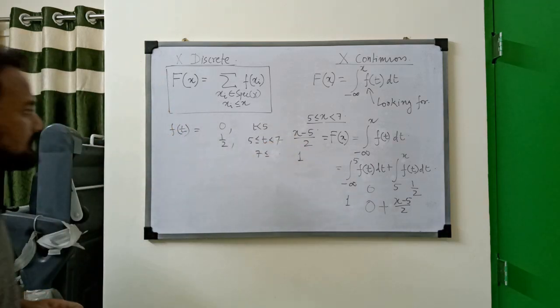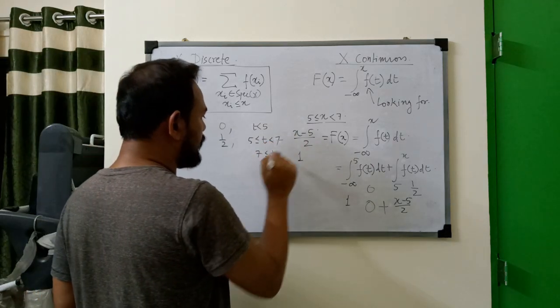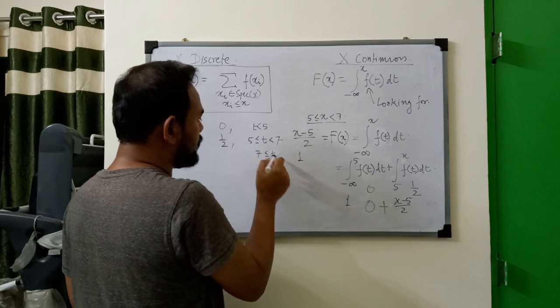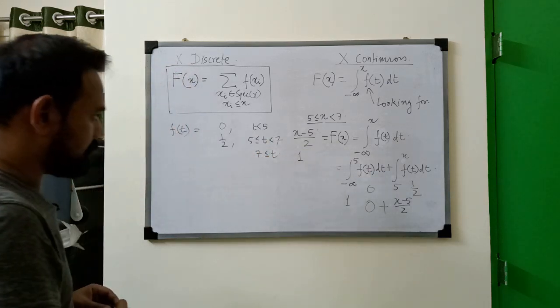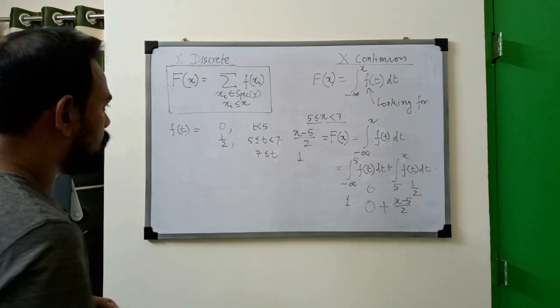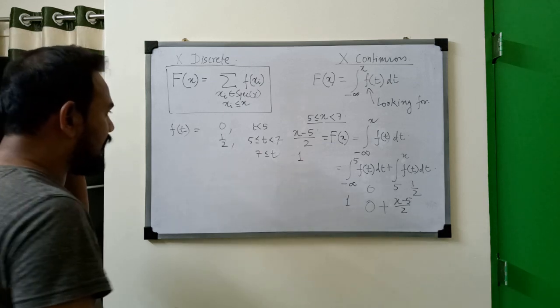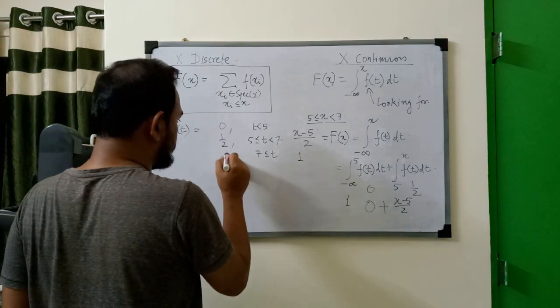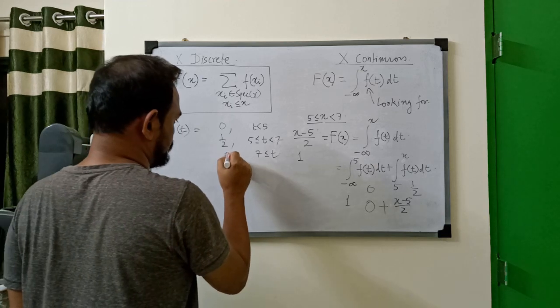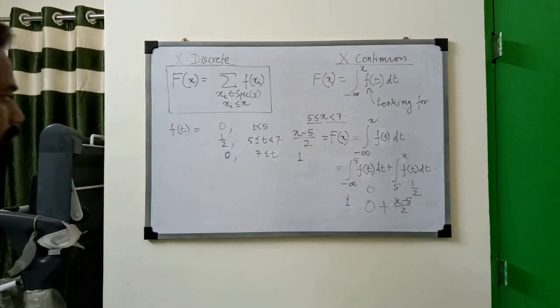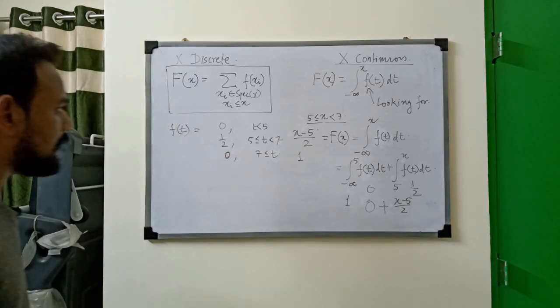Okay? And similarly, finally, what happens if t is more than or equal to 7? Well, I claim that this will be 0. Why?